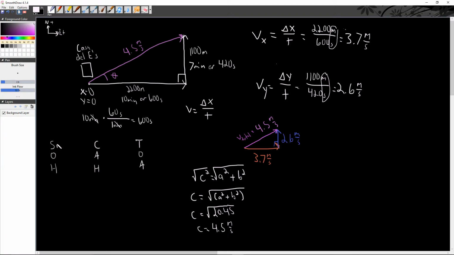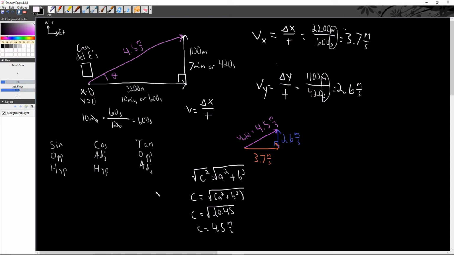Really what this says is sine tells you the ratio of your opposite side over your hypotenuse. The CAH tells us that cosine is adjacent over hypotenuse. And then tangent tells us the ratio of the opposite side over the adjacent side. So no hypotenuse involved with tangent.